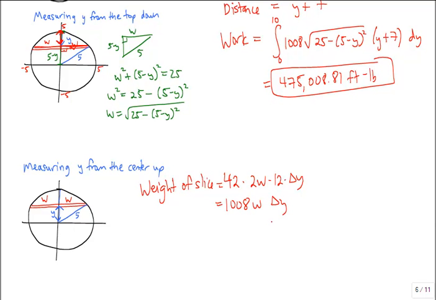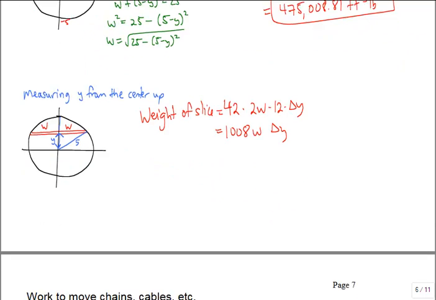So that hasn't changed. But because of the way we're now redefining our y from the center of the circle up, it actually makes this triangle a little bit simpler, which is one of the reasons why people sometimes do the problem this way, by measuring this y from the center of the circle up. Because now we have a right triangle that looks like this. So w squared plus y squared equals 25.